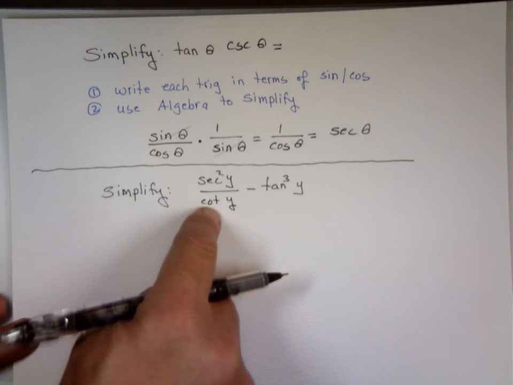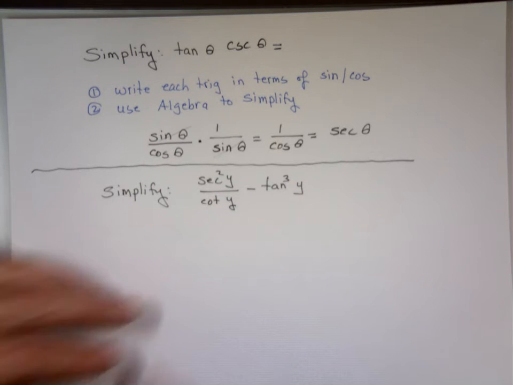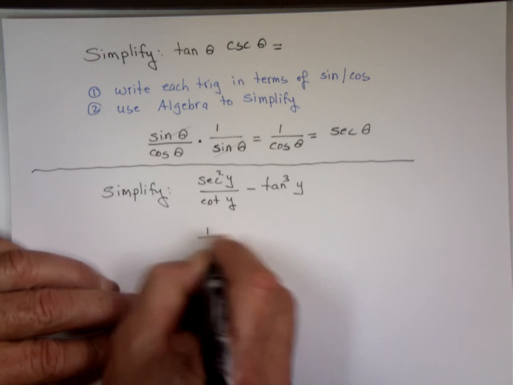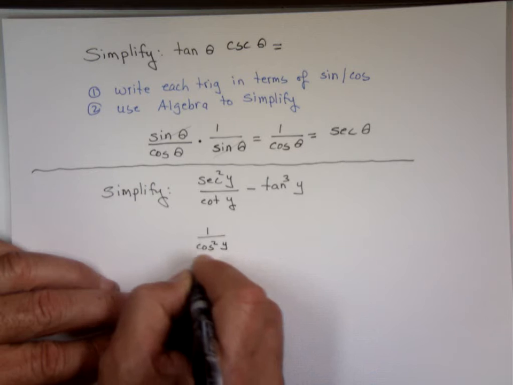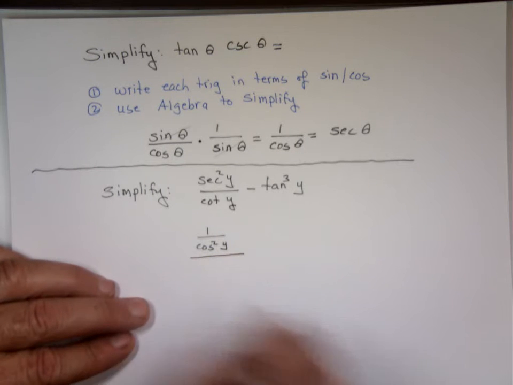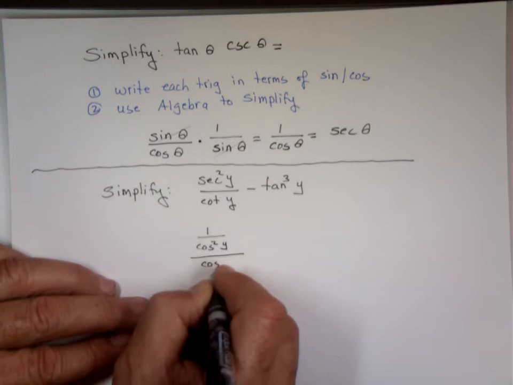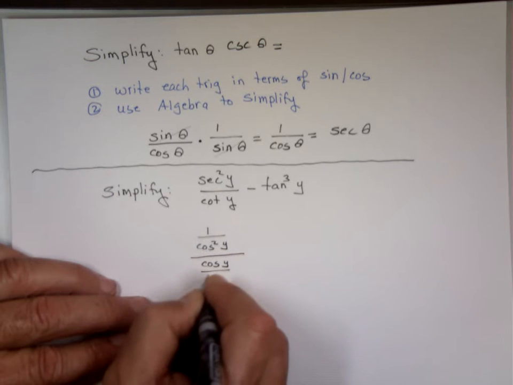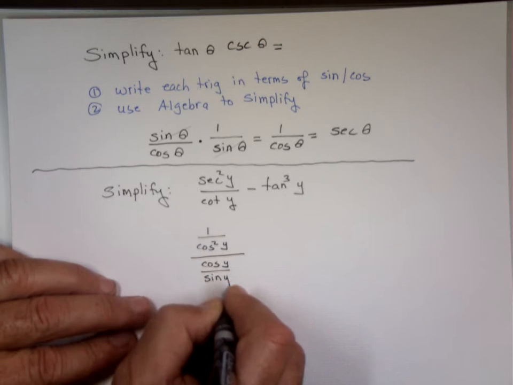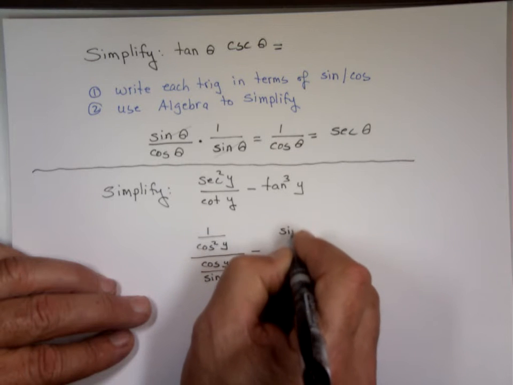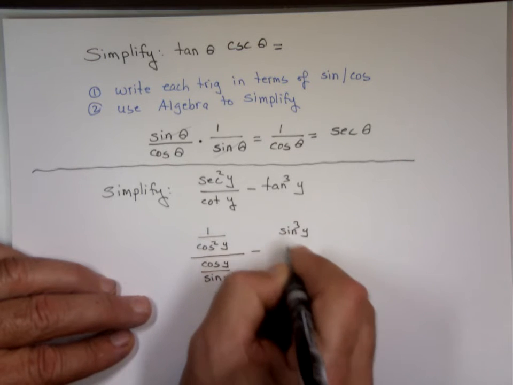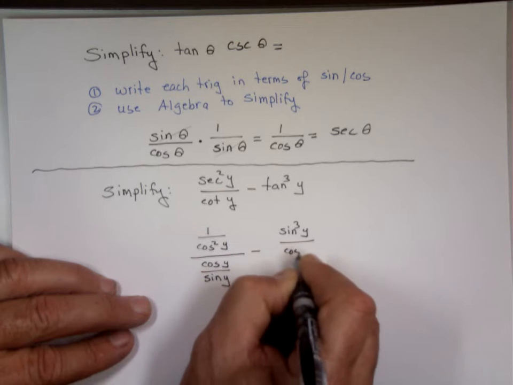Write each one in terms of sine and cosine. Secant is 1 over cosine, but that's squared. Cotangent is cosine over sine. The tangent is what? Sine over cosine. So that's cubed. Sine cubed over cosine cubed.